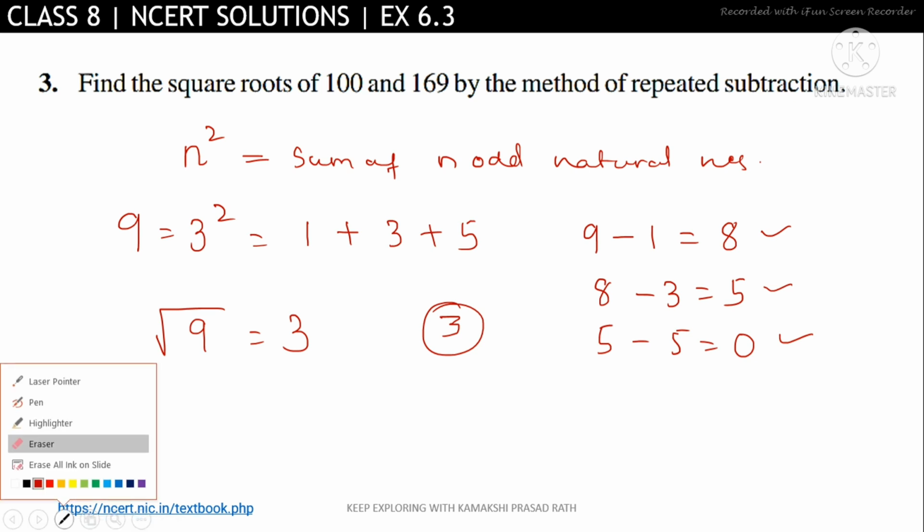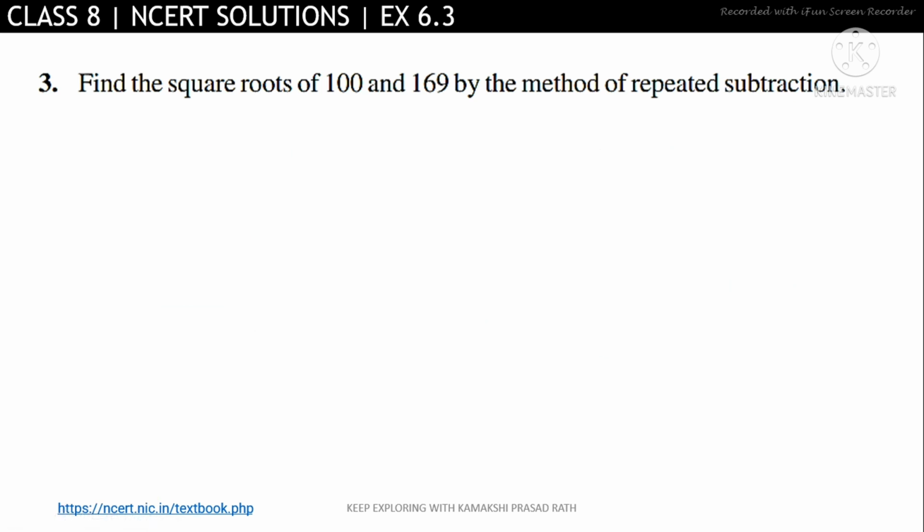So the first one says 100. So let's see. We'll start subtracting each odd natural number from 100, starting with 1. So first 100 minus 1, we get 99.